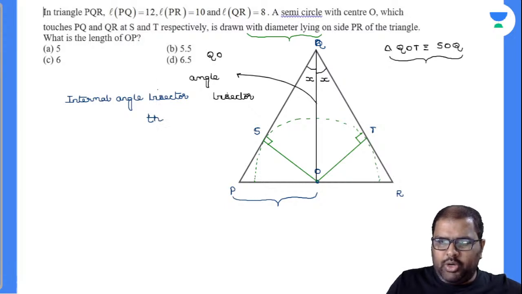So by this, I hope you can solve it very easily. Sides PQ divided by QR is nothing but equal to OP divided by OR.